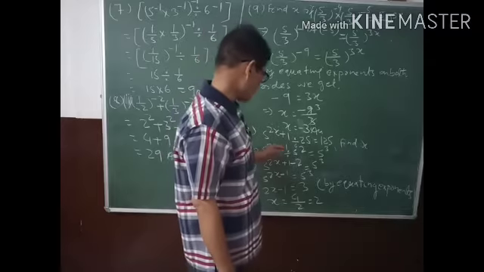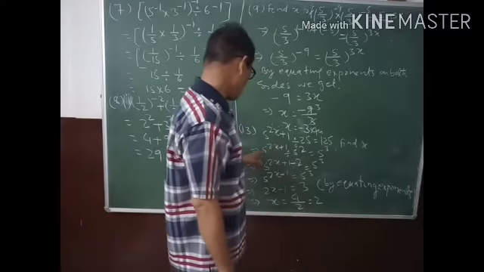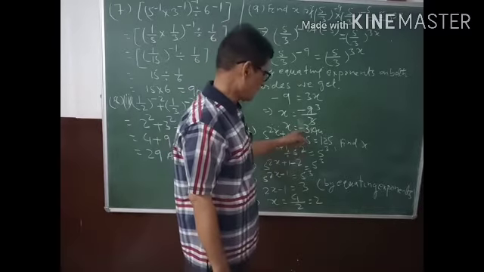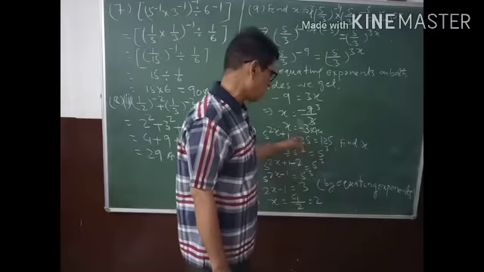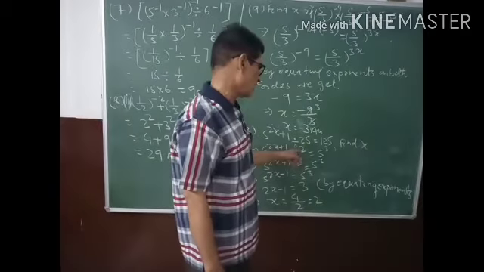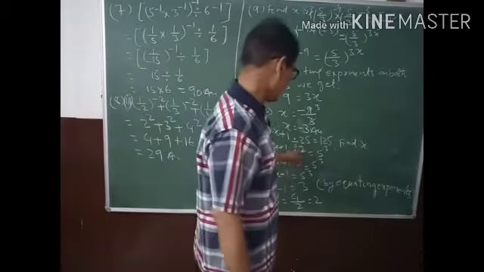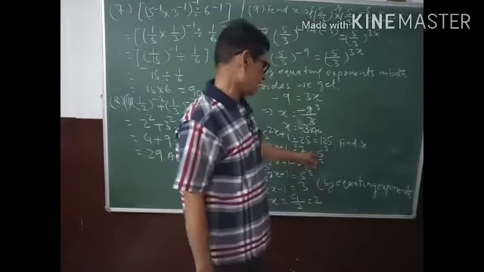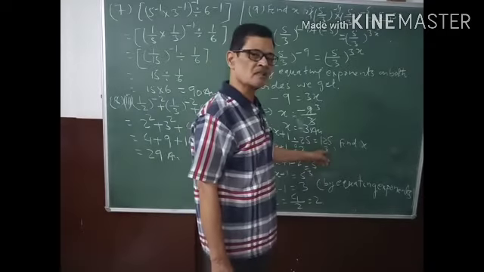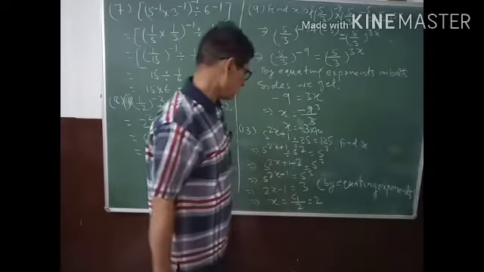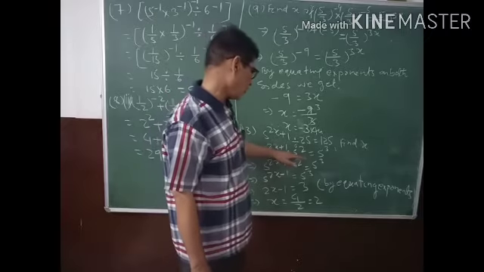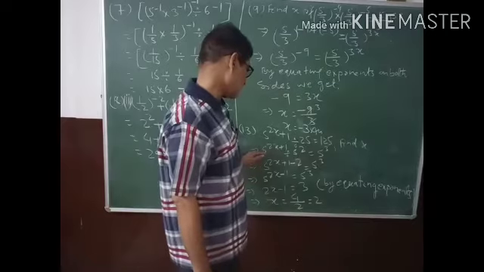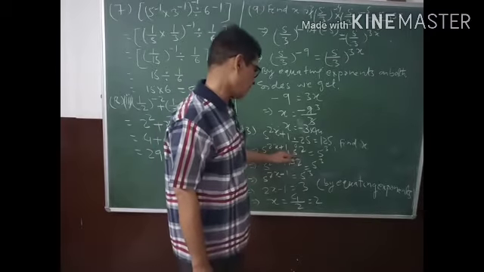I am going to slightly change here. 5 to the power 2x plus 1, divided by, you can write 25 as 5 to the power square, and this 125 you can write as 5 to the power 3. Actually I have done it to make all the bases same. Now the bases are same, 5, 5 and 5.